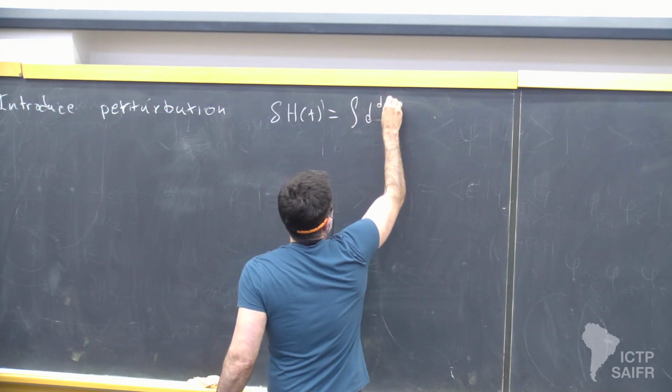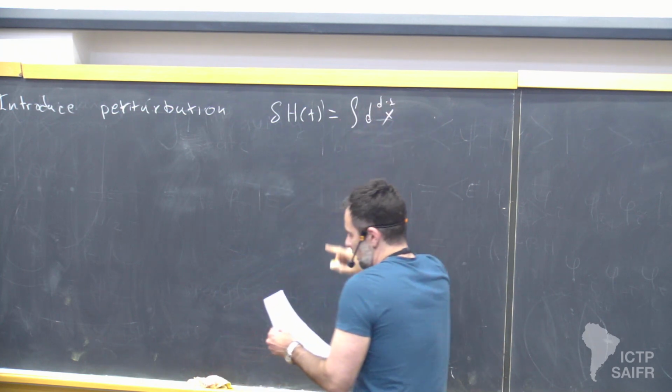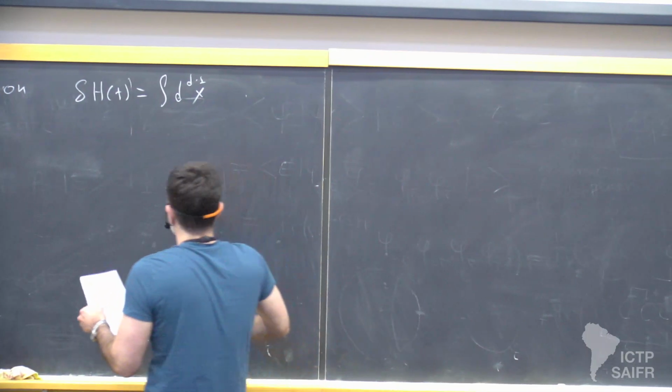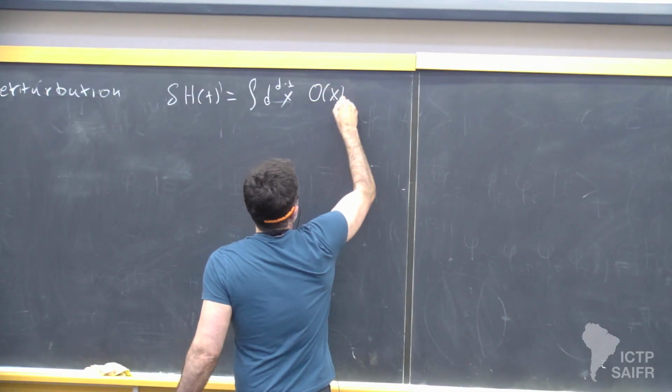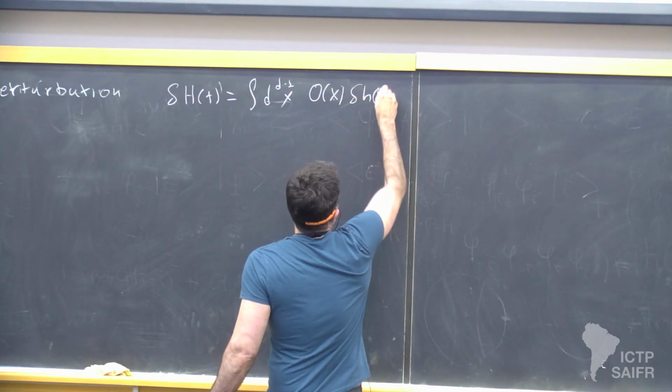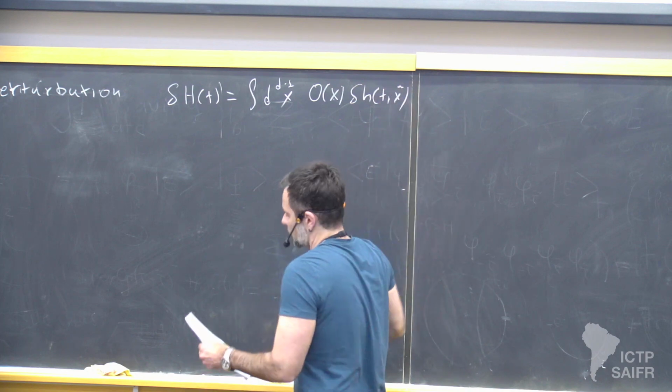We are in D space-time coordinates, so the space-like coordinates will be D minus 1, and I have O of x, and delta H is the source parameter.